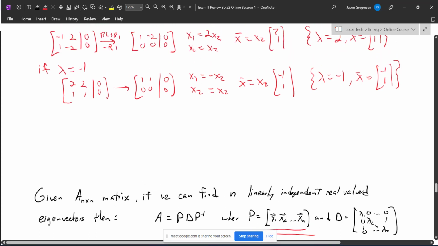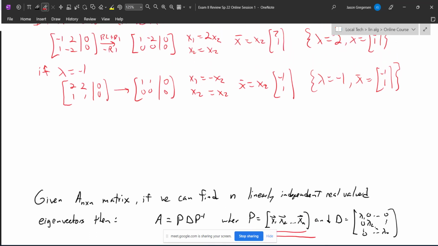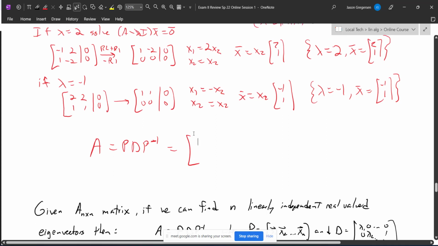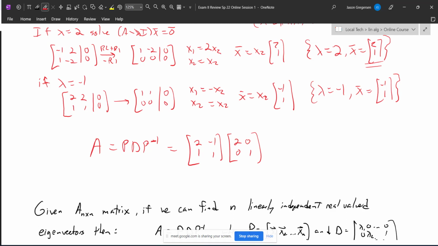So for instance, if I look at my above matrix A, I could factor it into PDP inverse, and I would take my eigenvectors to be the columns of P. So my first eigenvector would be the first column, the second eigenvector would be the second column, and then my matrix D would be the diagonal matrix, where the eigenvalues were the diagonal entries, and that should be -1 there.